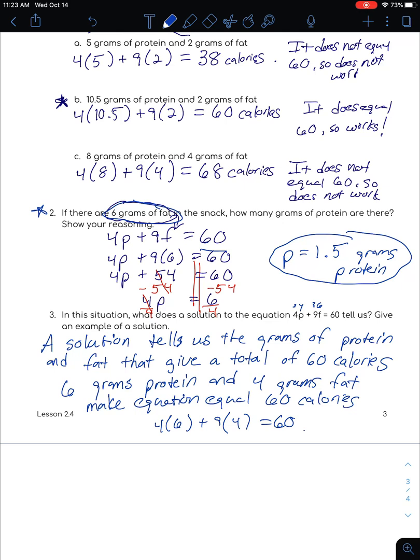So that is yet another solution. See if you can find even another one that would work. There are multiple combinations that would work. So now we've talked about our equations and representing our equations, but we also have talked about what a solution to an equation is and how we can interpret that within a contextual, real life situation.